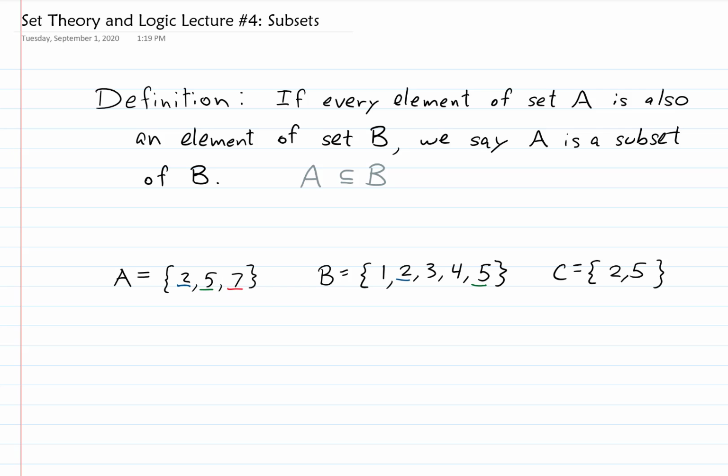Is that in B? No, it is not. So A is not a subset of B because there's an element of A that's not an element of B. So that means it is not true that every element of A is also an element of B. So we would write A is not a subset of B. Okay?